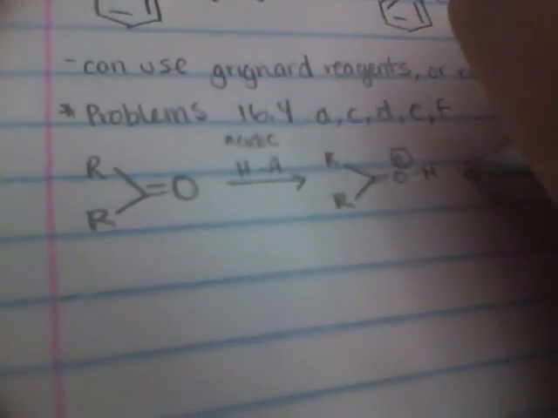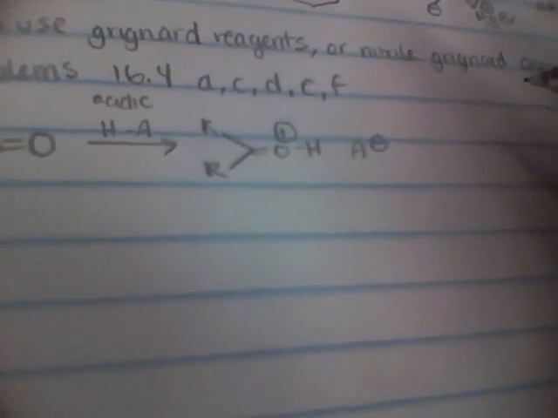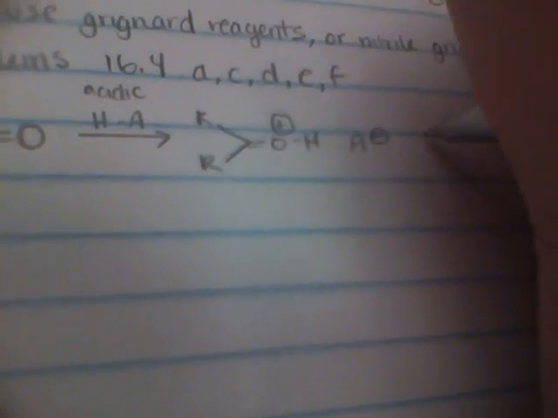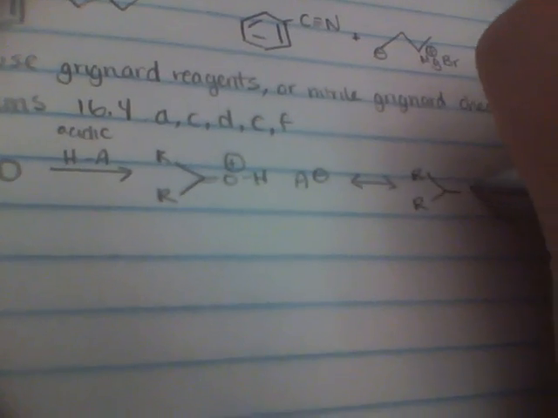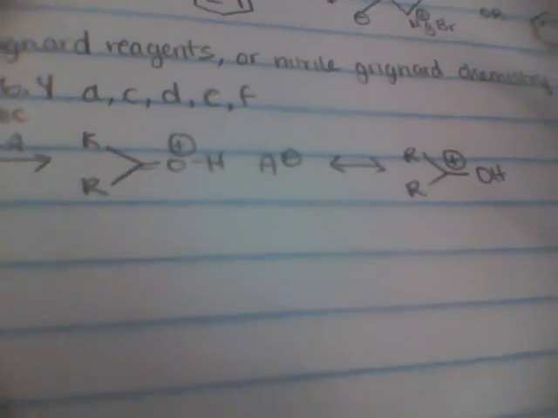And you can understand, of course, that for the protonated species, I could write a resonance structure in which there is a plus charge on the carbon that was the carbonyl carbon. And so A minus is now obviously going to attack at that position.